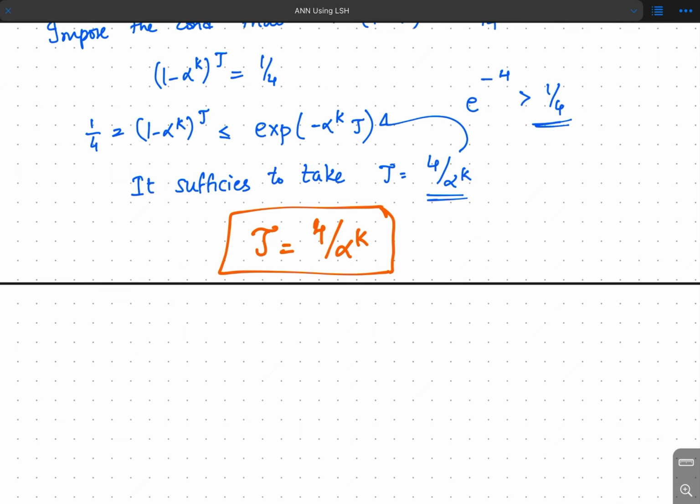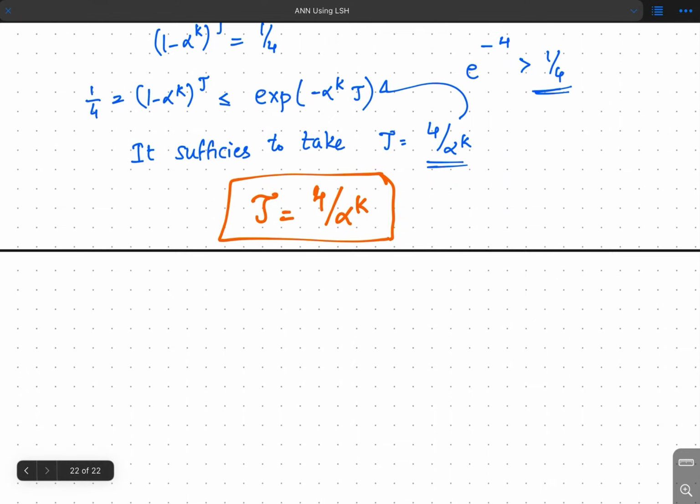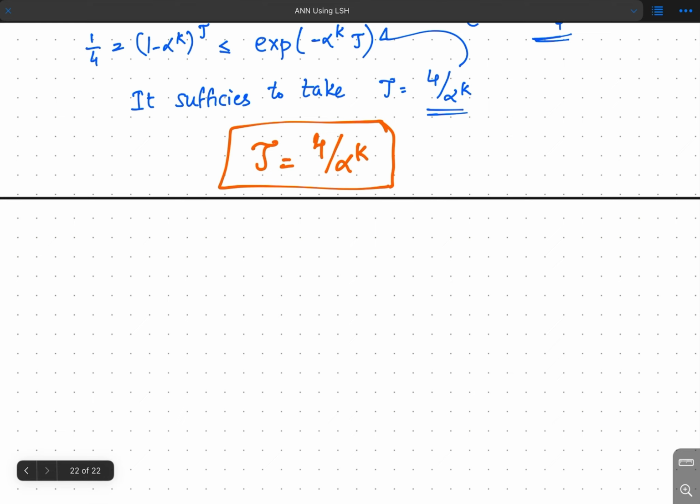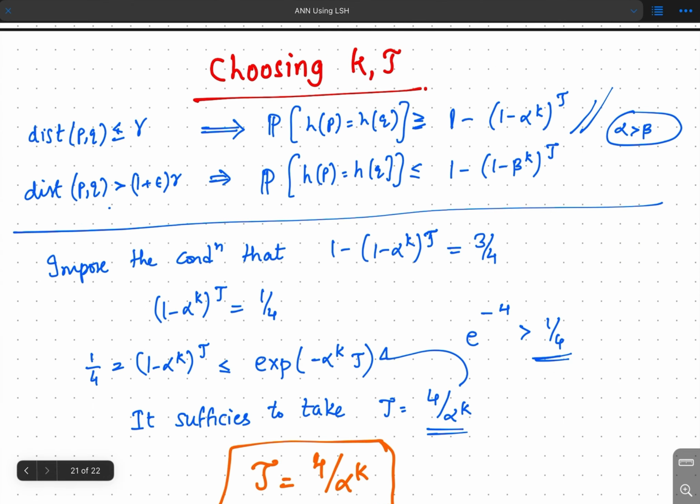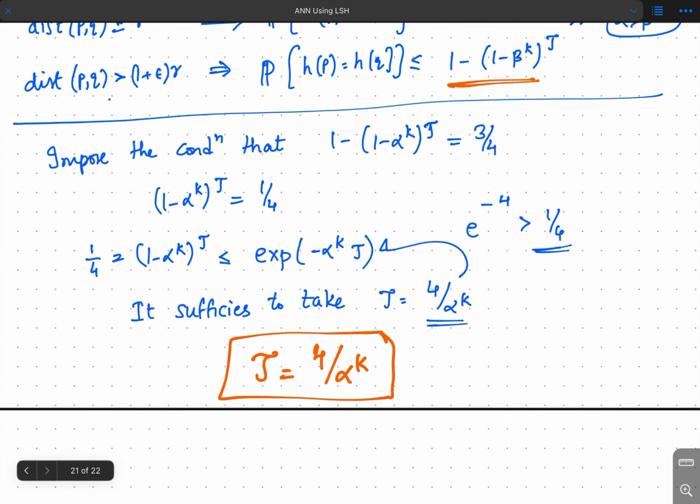We know alpha is something that depends on our original hash function family, but we haven't yet decided what k is. But to do that, we'll try to upper bound this to be a very small value.